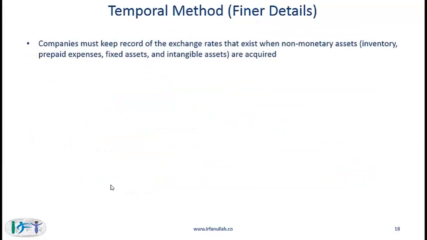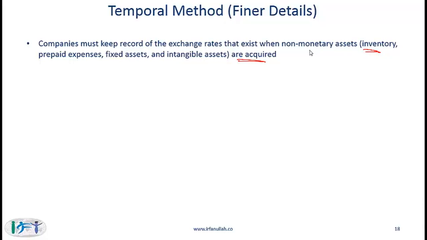First, let's look at a few finer details related to the temporal method. When using the temporal method, companies must keep record of the exchange rates that existed when non-monetary assets such as inventory are acquired, because we need to use that particular exchange rate for inventory which was in effect when the inventory was acquired.